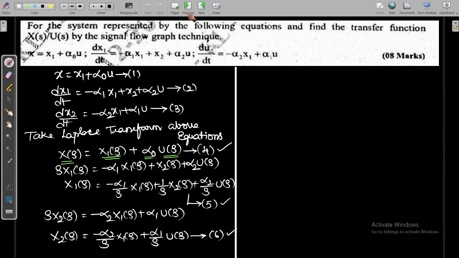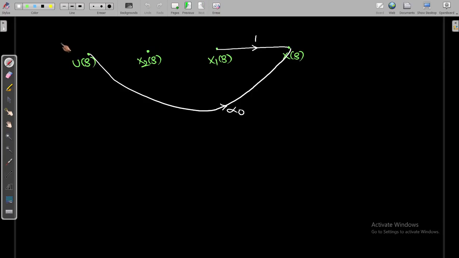Next see the fifth equation. For X1 of s you are getting minus alpha 1 by s from X1 of s itself. Next is 1 by s from X2 of s, and from U of s it is alpha 2 by s. So that also we will represent. For X1 of s, the first one is the self loop, minus alpha 1 by s.